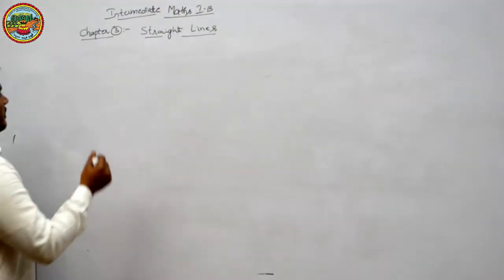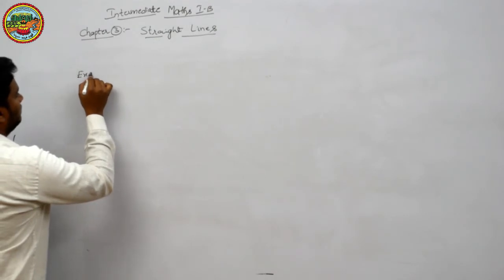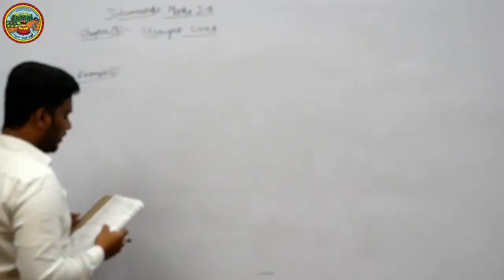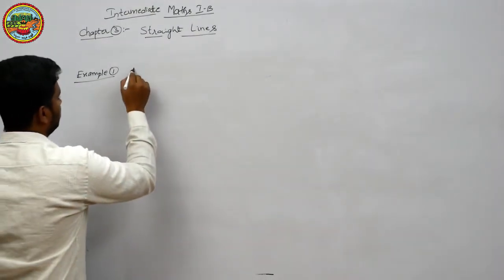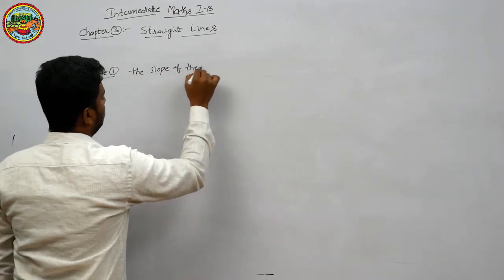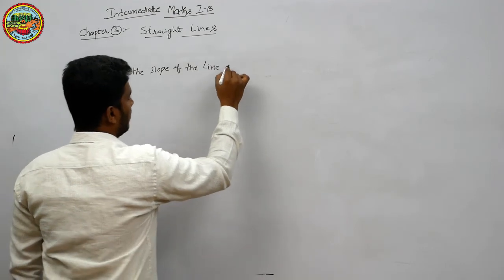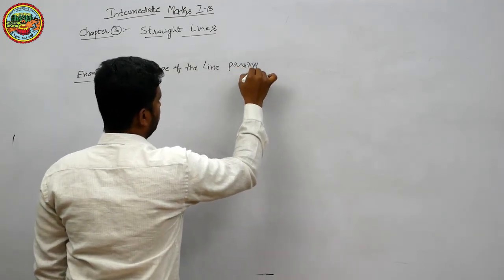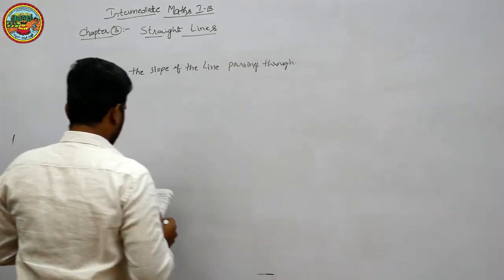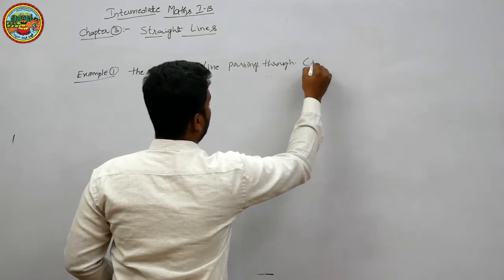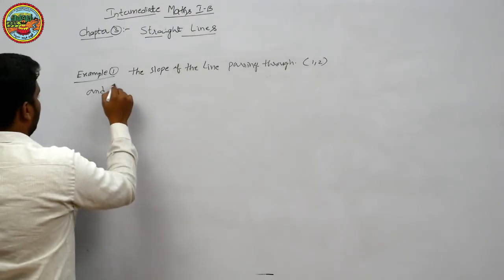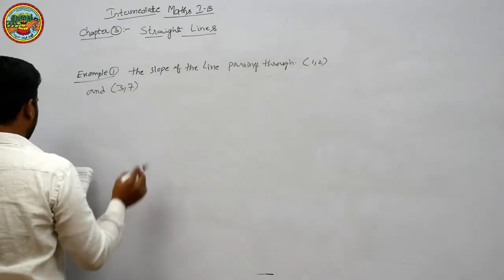So let us see some examples. Example 1. The slope of the line passing through (1, 2) and (3, 7).